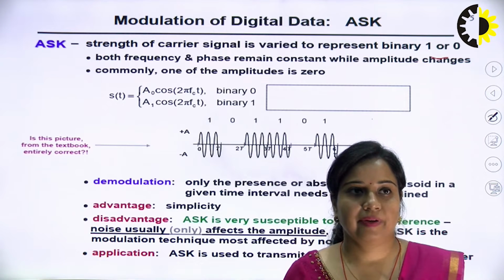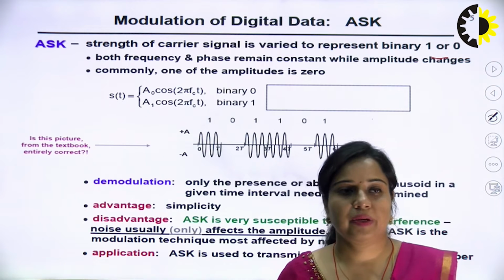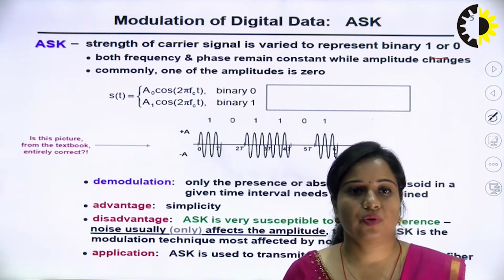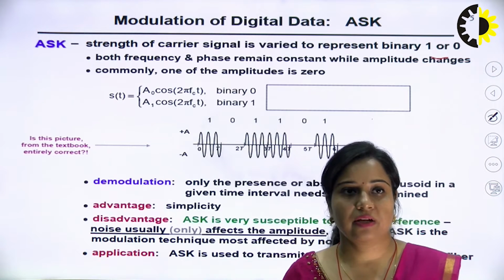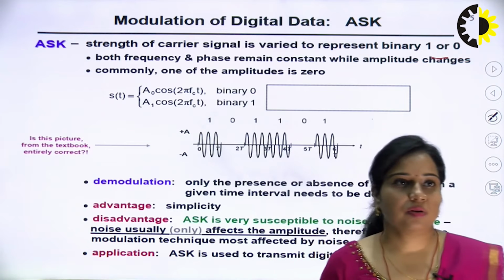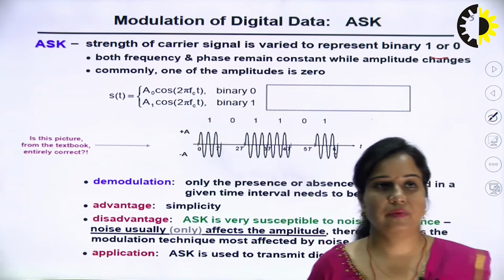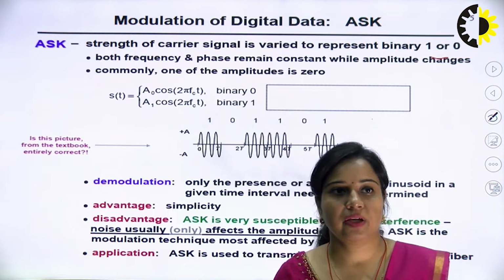They should not be varied, whereas in PSK the other two parameters are kept constant. That is the concept followed in any kind of modulation, whether analog or digital. So in case of ASK, amplitude is varied and phase and frequency are constant.